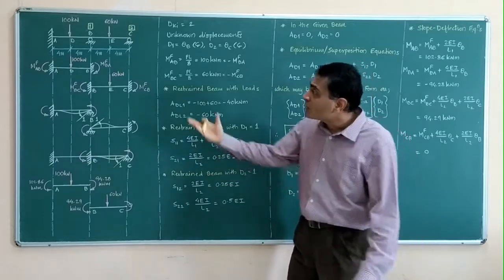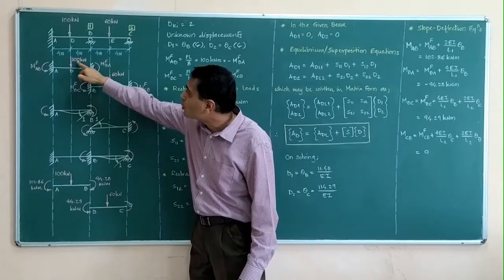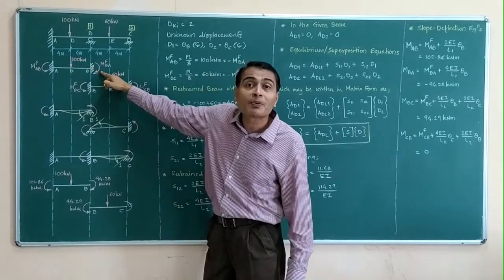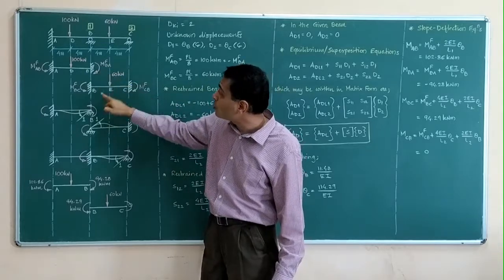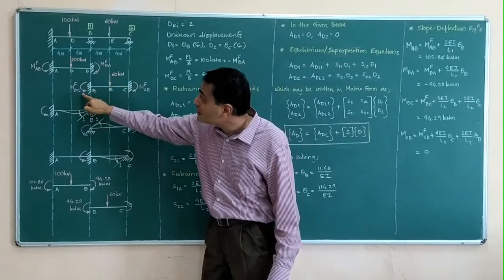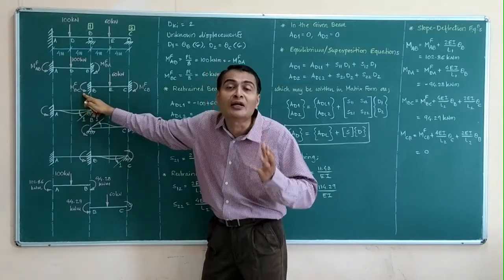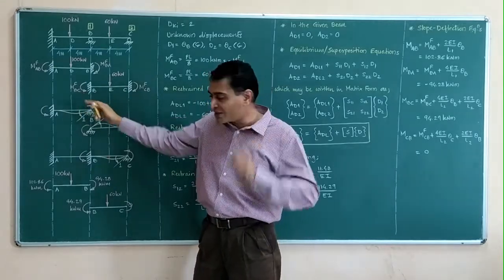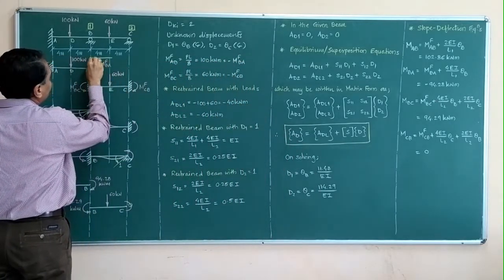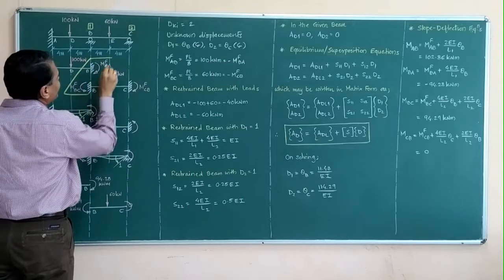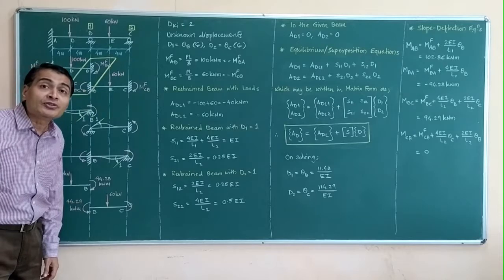That means I am interested in couple moments corresponding to theta B generated due to loads at node 1, which are such, if you observe this diagram carefully, at B, because of loads, this couple moment is generated, as well as because of loads at B only, this couple moment also is generated. So I should understand that these two together, they are constituting my ADL1.